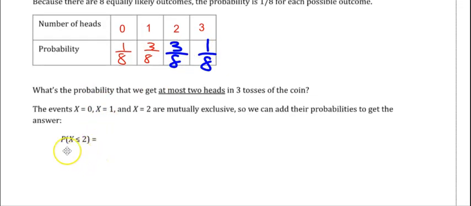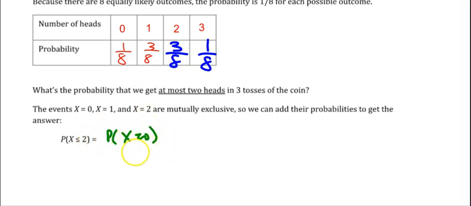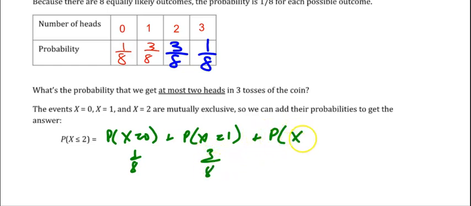So if we want the probability of getting less than or equal to 2, take the probability that x is 0 plus the probability that x is equal to 1 plus the probability that x is equal to 2. So the probability is going to be 7 out of 8.